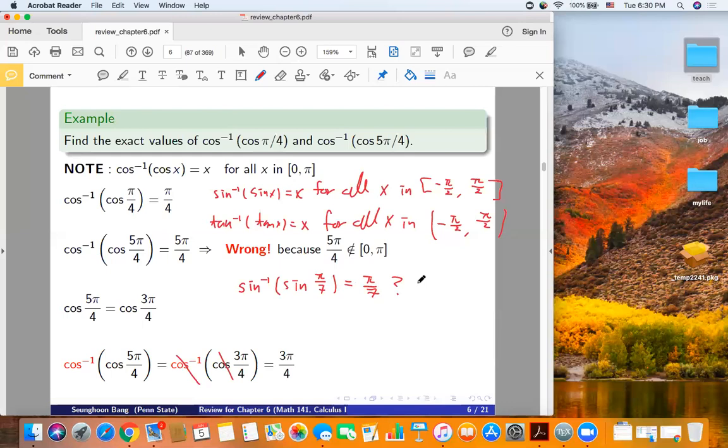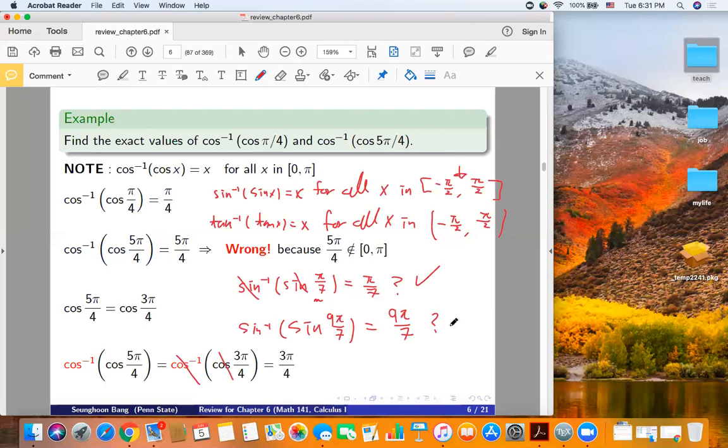Yeah, two guys said yes. You're right, because pi over 7 is in the domain. In the domain, yes, cancelled. True. What is inverse sine of sine 9 pi over 7 equals 9 pi over 7?